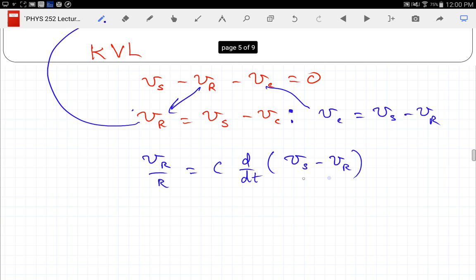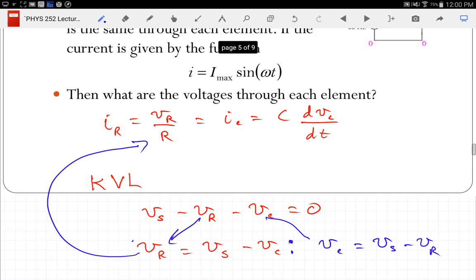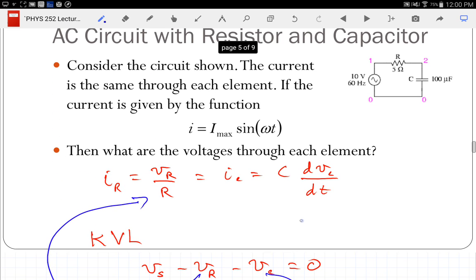And so if I just take those derivatives, V_R, did I write it anywhere? I didn't. V_R is equal to, actually, you know what, this turns out it's not easier. V_R is equal to IR.